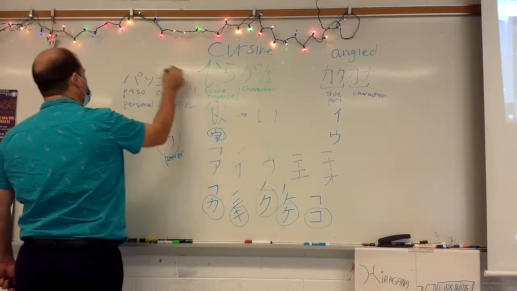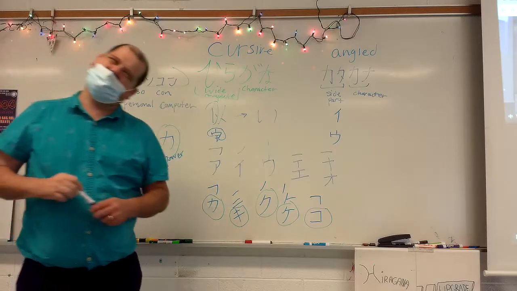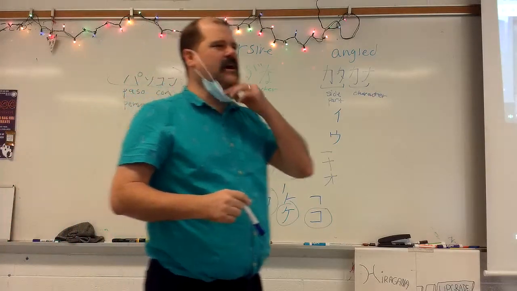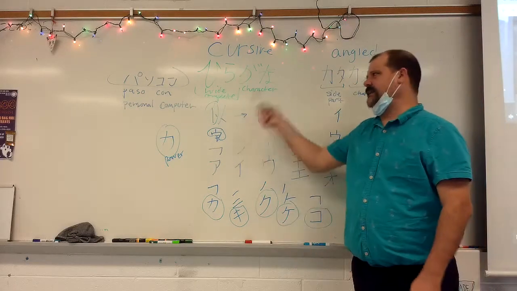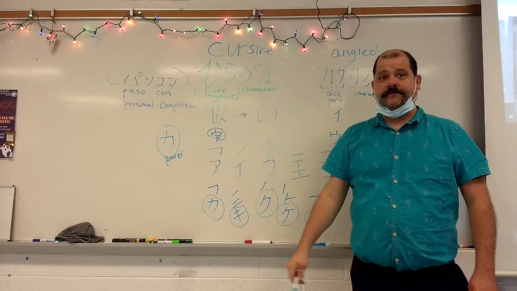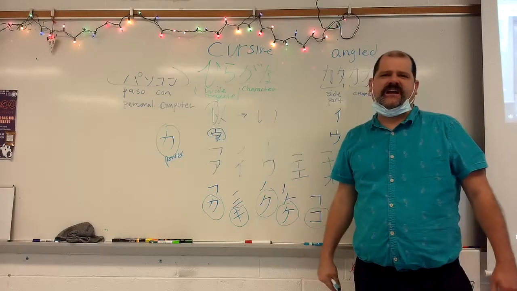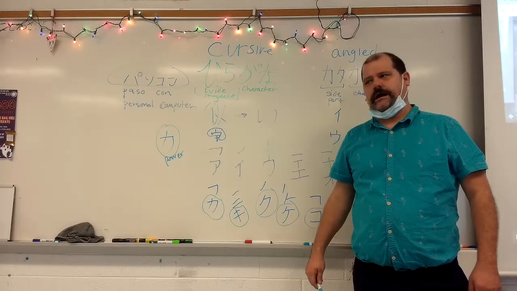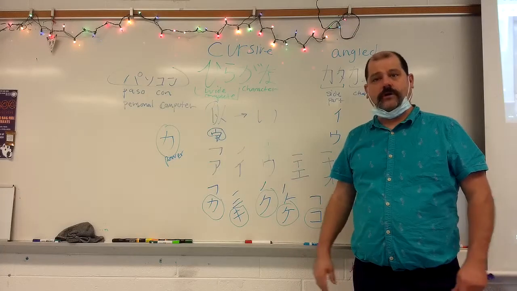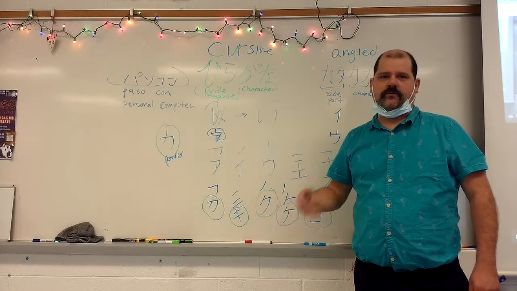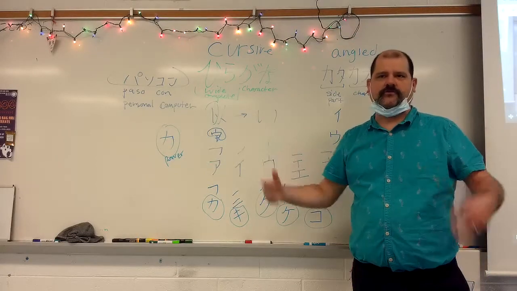And that's another thing about katakana. Words in hiragana aren't really shortened a lot like katakana is. Words like pasokon come from personal computer. Just like karaoke comes from kara, empty, and oke, orchestra. So karaoke is an empty orchestra, right?